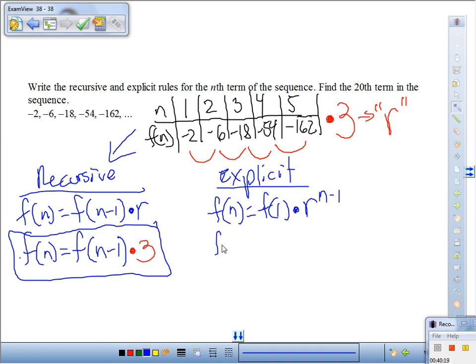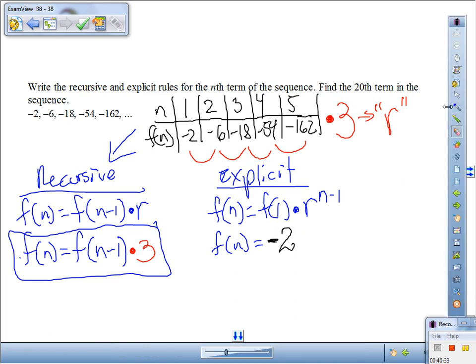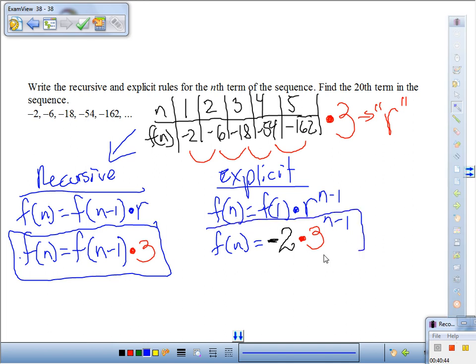So it's f of n equals, what goes here for the f of 1? Tell your neighbor, please. Negative 2, that is correct. Times, what? Times 3. And then to the n minus 1. And this is my explicit rule specifically for this sequence.